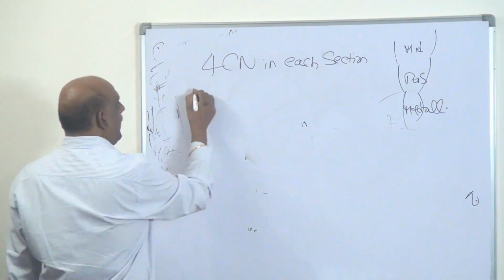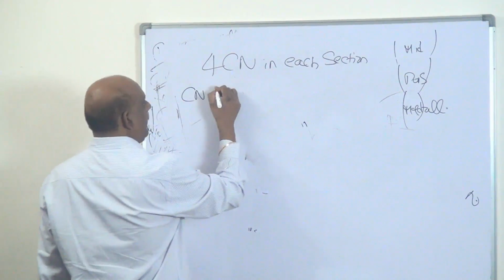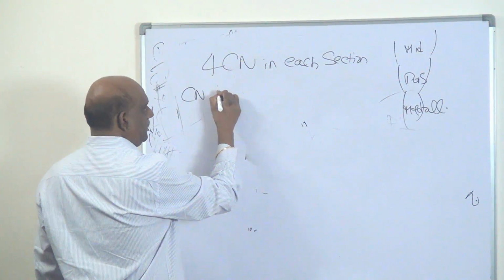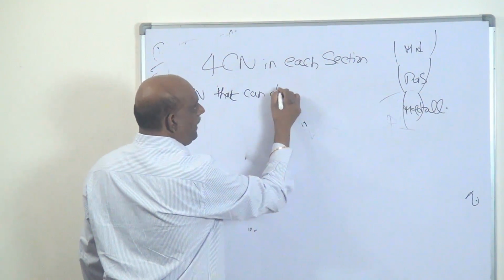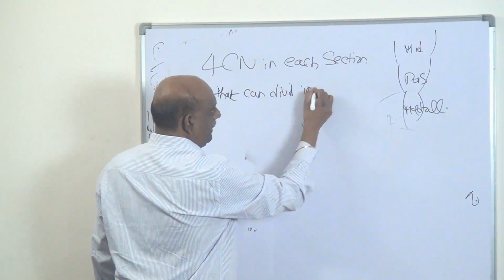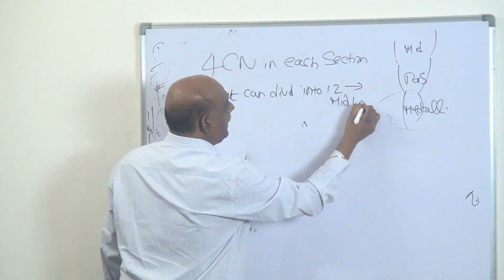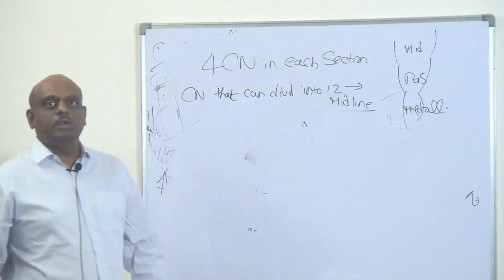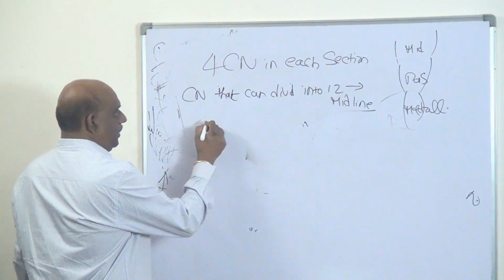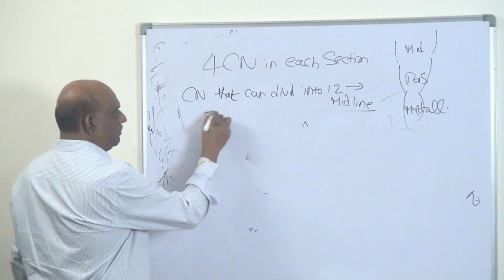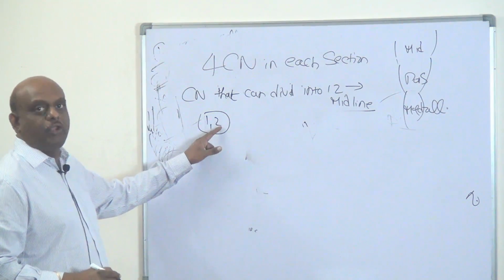And cranial nerves that can divide evenly into 12, they are all midline located. Now tell me, what are the cranial nerves that you know? Forget about 1, 2. Forget about olfactory and optic nerve.